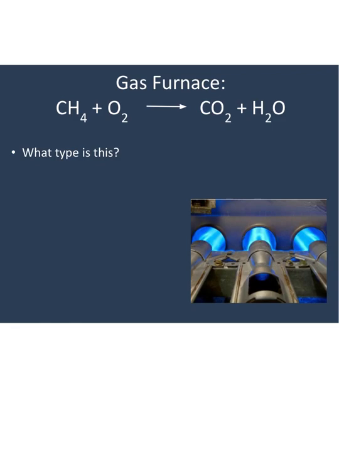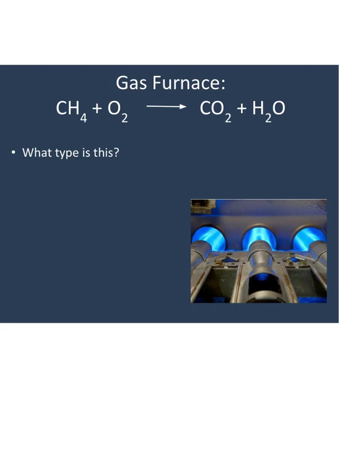Here's the equation for the reaction that happens in your furnace. Look at the patterns and figure out what type this is. Notice in our picture here, we have a blue flame. This helps us figure out that this is a complete combustion reaction.